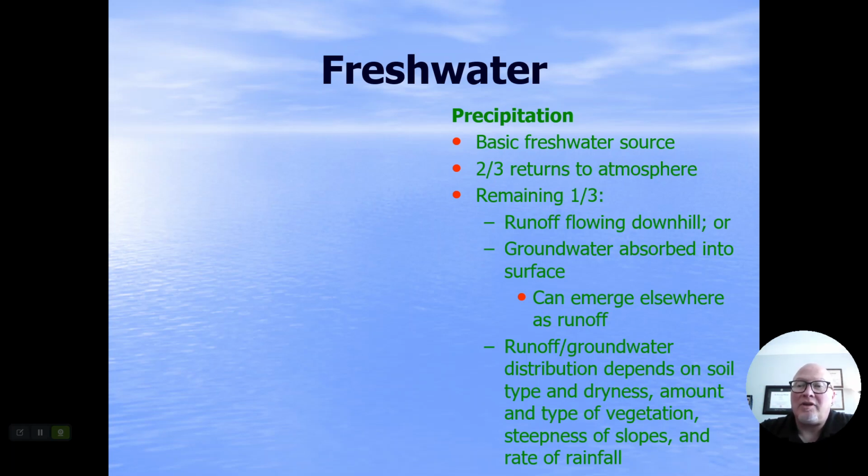And so you end up with groundwater being absorbed by the surface, and runoff from the ground, which also then will work towards, if we think back to a previous lecture on weathering and erosion, all of this water runoff coming down the mountains aids in that weathering and erosion. So runoff and groundwater distribution depends on the soil types, the dryness, the amount of vegetation, the steepness of the slopes, and the rate of the rainfall. So this water is coming down mountains and hills, and it's going to be carrying materials with it.